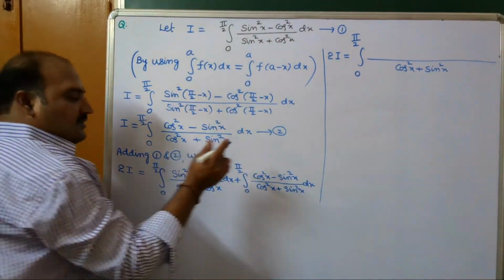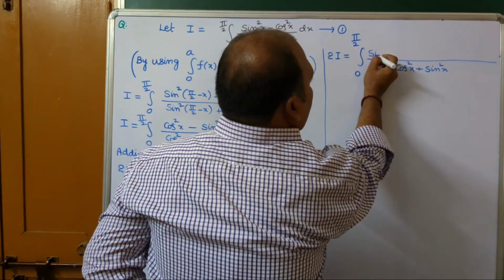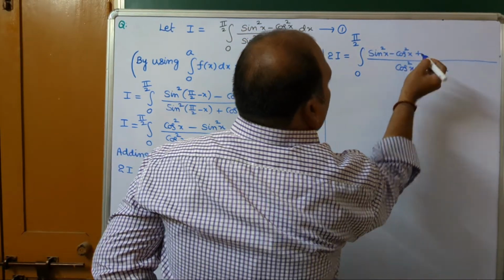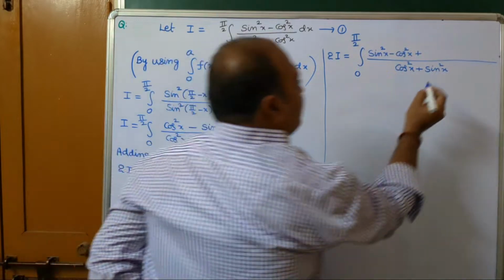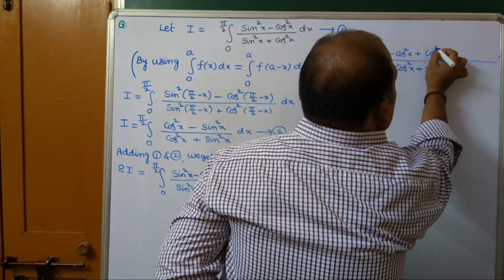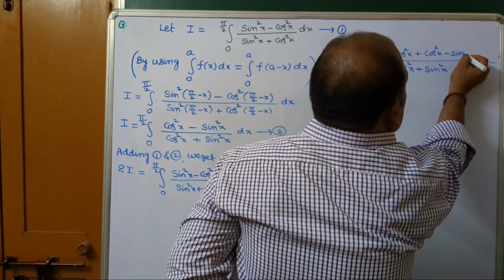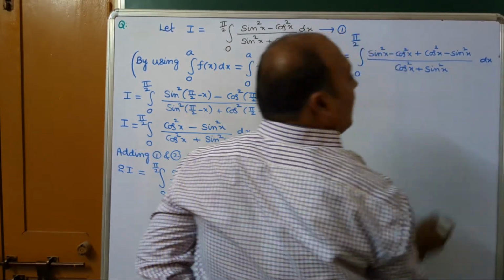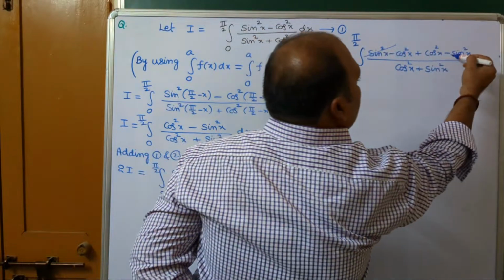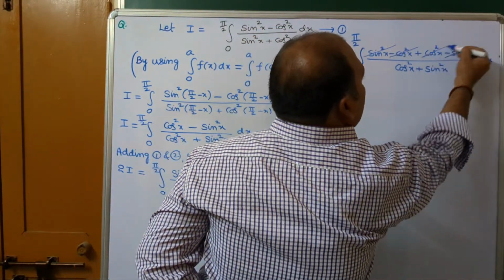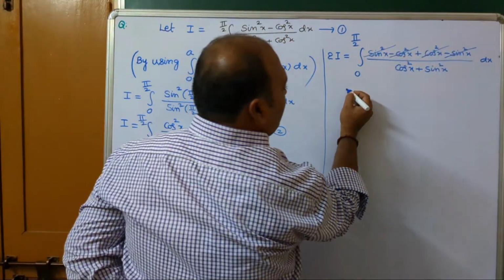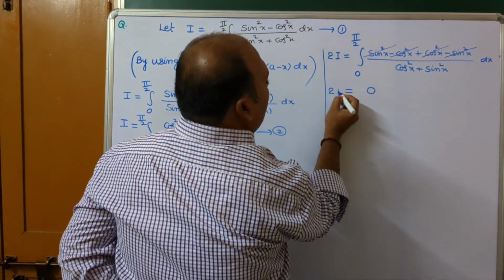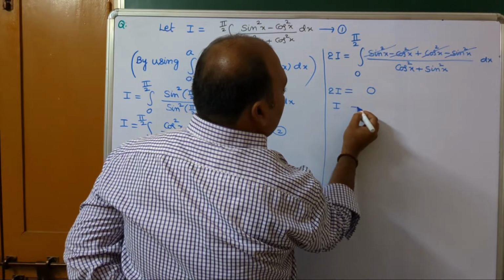Here the numerator is sin square x minus cos square x, plus cos square x minus sin square x, into dx. Now sin square x minus sin square x and minus cos square x plus cos square x cancel. So in the numerator 0 is there, and 0 by anything is 0. So 2I equal to 0, I is equal to 0.